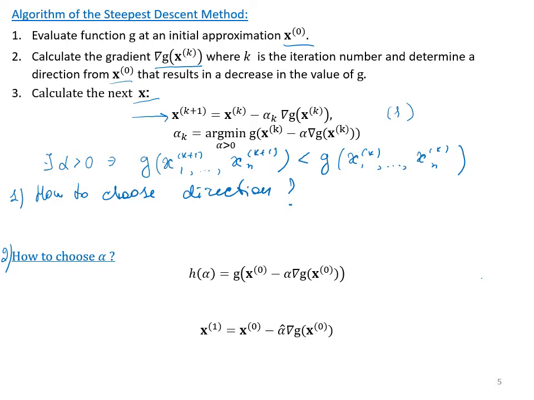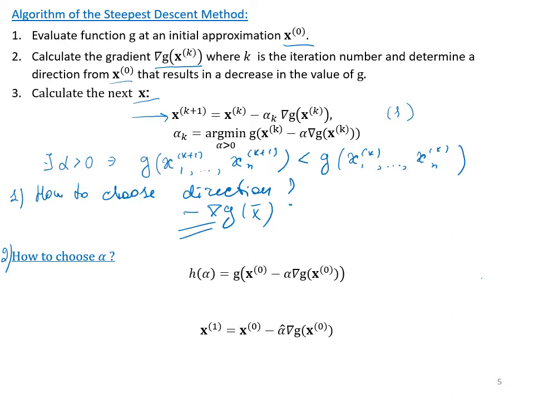And as we know from the mathematical analysis of function of several variables, the direction of the greatest increase of our function at a given point shows its gradient at this point. Therefore, we can accept as a direction of our vector decrease antigradient of our function g, which means that we should accept this direction.